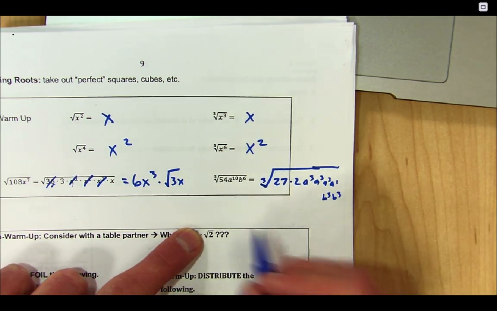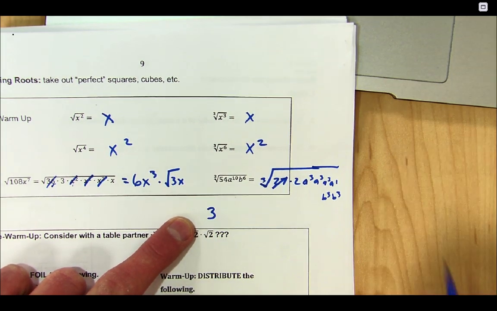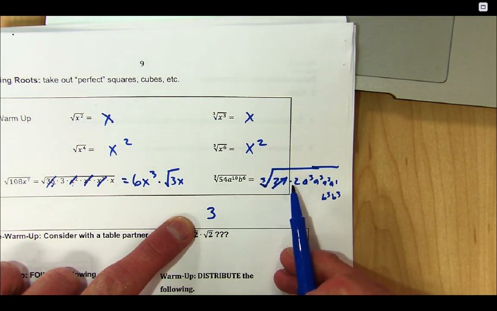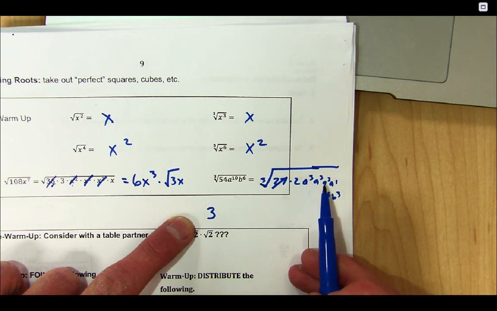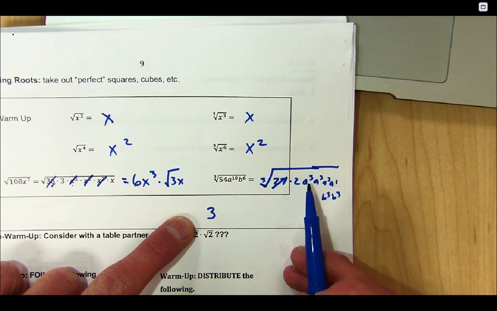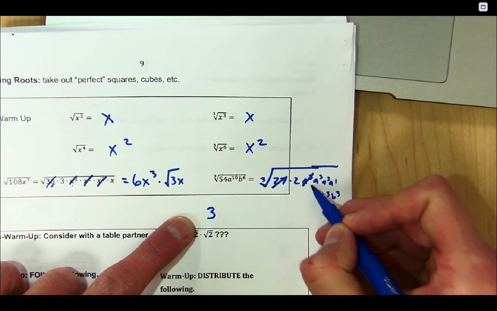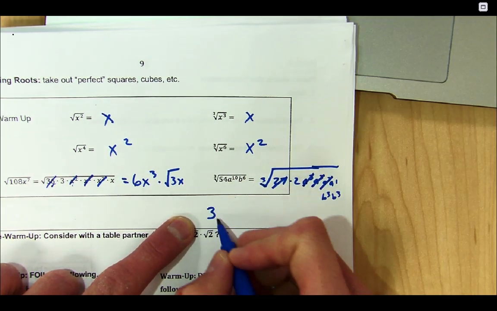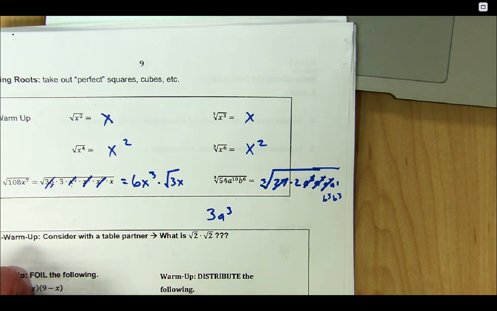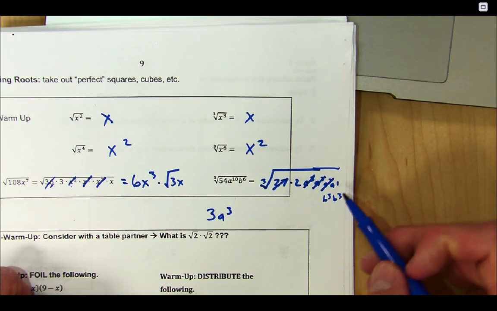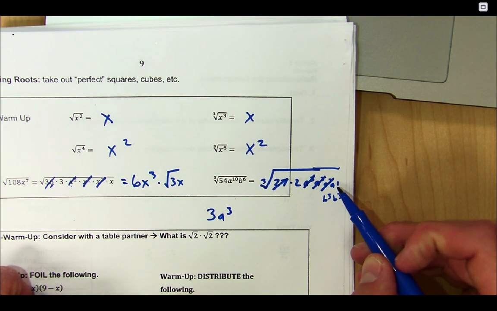Cube root of 27 is 3. Can't do the cube root of 2. I can do the cube root of each of these a cubed, and I get a for this one, a for this one, a for that one. So a is a cubed. I'm going to leave this one alone because that's not a perfect cube.